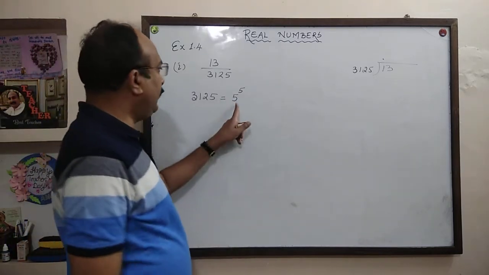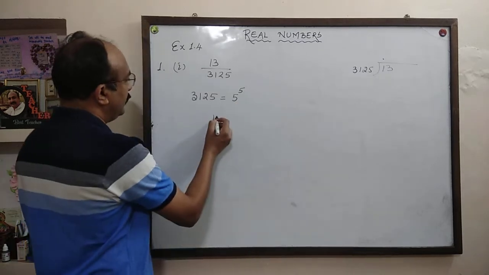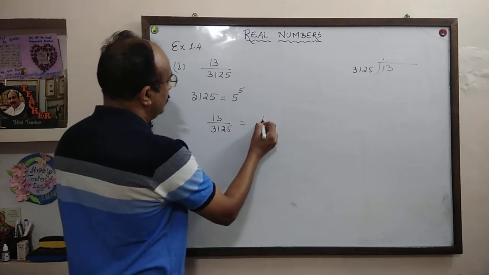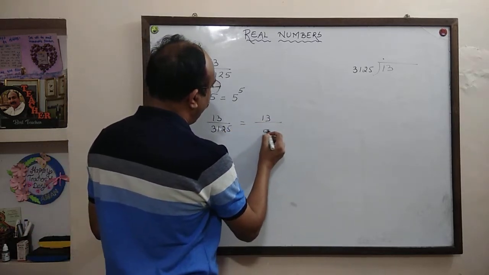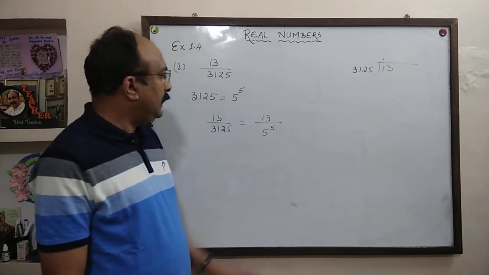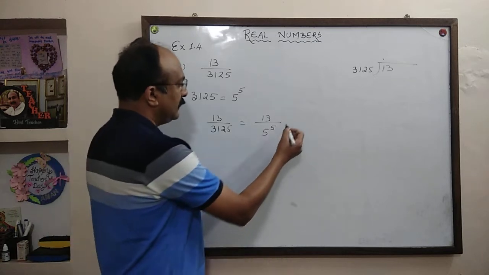You have done the prime factorization of 3125 and you got 5 power 5. So we can write 13 upon 3125 as 13 upon 5 power 5. Now, in order to change it into decimal form, there is one more method.